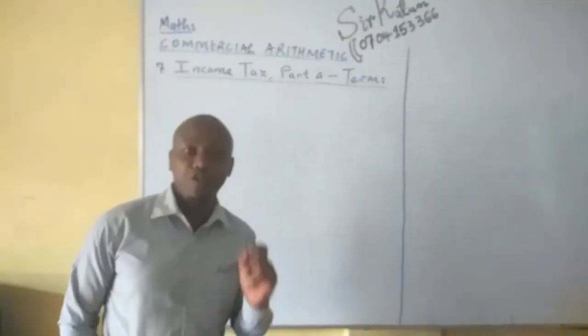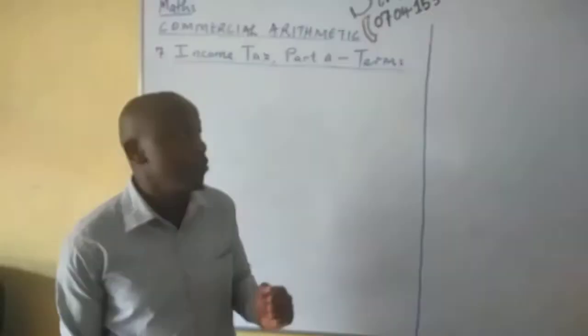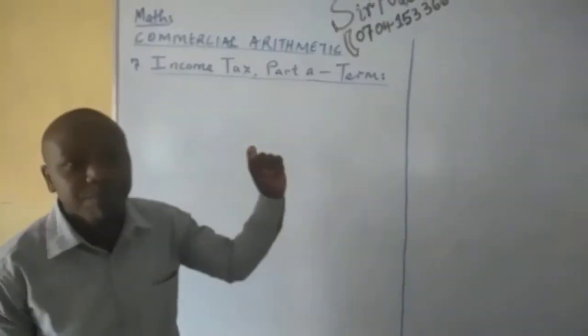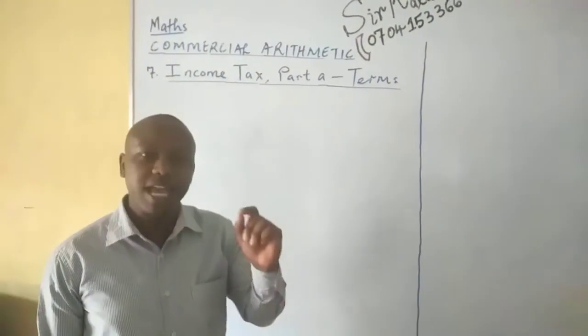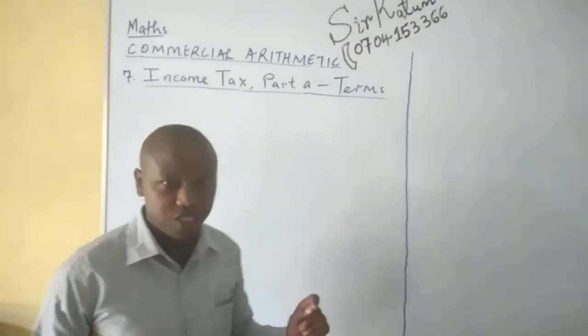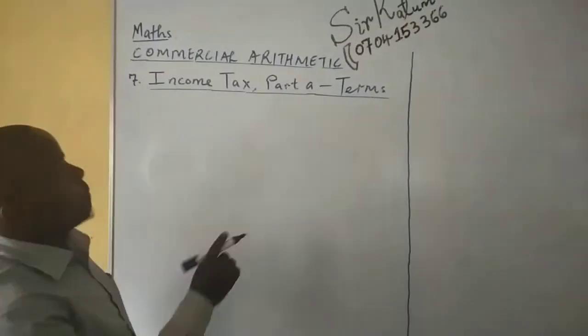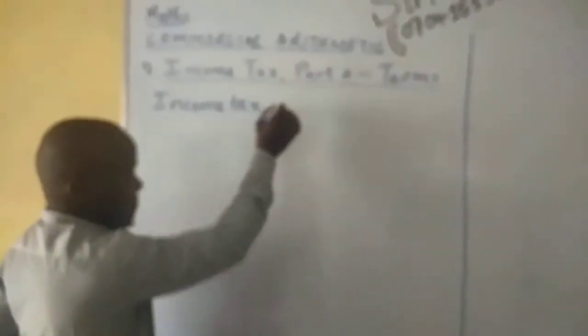Therefore, I would like us to go through some terms so that before we do an example on income taxes, we will be conversant with every word we will come across as we deal with some questions on the same. I'll be starting with the first term, the income tax itself.